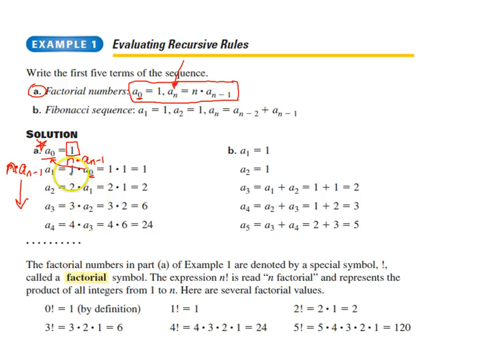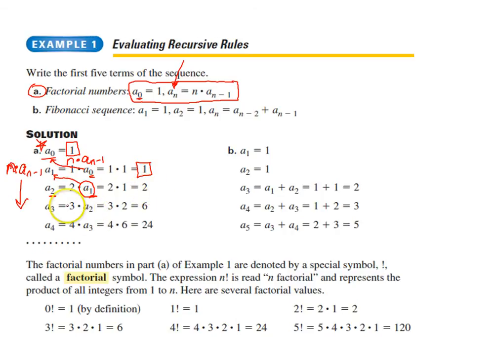For a sub 2, n is 2, so it's 2 times a sub 2 minus 1. And 2 minus 1 for this part right here is 1. A sub 1, you already did that just a second ago. A sub 1 was 1. So we have 2 times 1, which is 2.